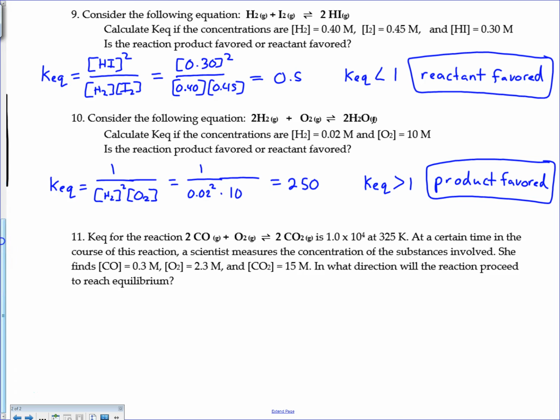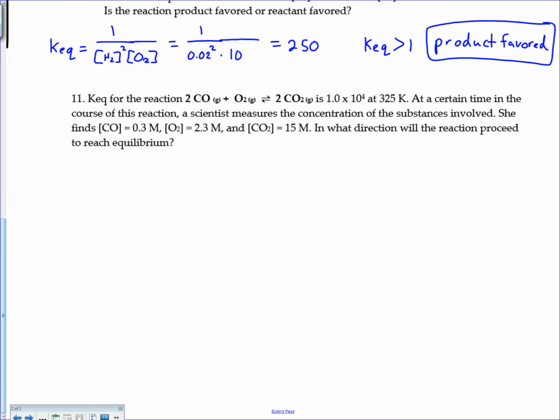This last one here gives us KEQ, and it asks us to calculate Q to see if the reaction is at equilibrium or not. And so Q, remember, is that test to see if we're at equilibrium. We calculate it exactly the same way as we would the KEQ. So in this case, it's concentration of CO2 squared over the concentration of CO squared times the concentration of O2.